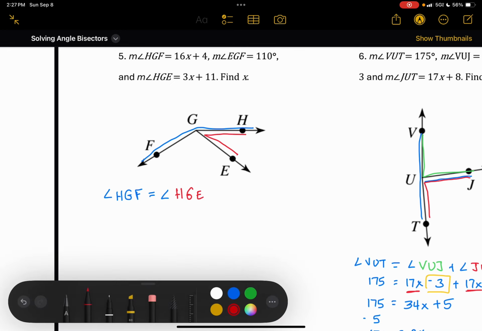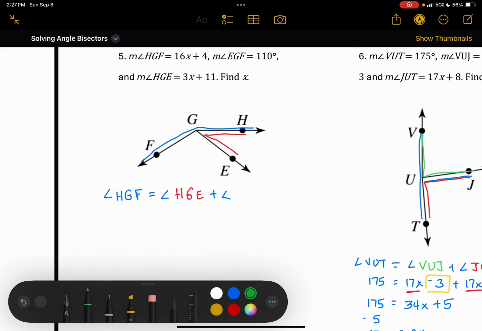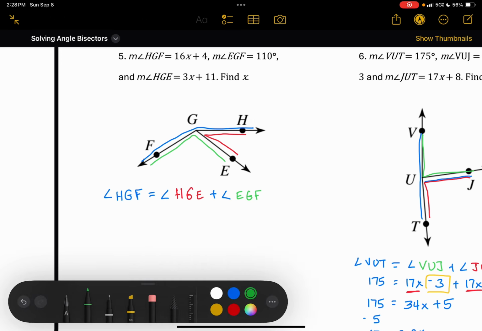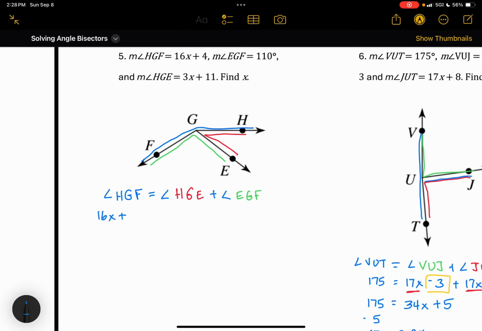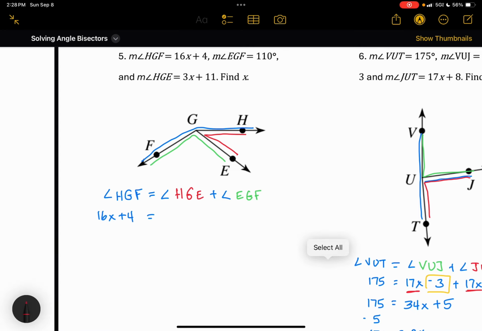To that, we are going to add angle EGF, so this side of the bisector, okay? All right, so they tell us that FGH is going to be 16x plus 4. And they tell us that HGE rather is 3x plus 11.